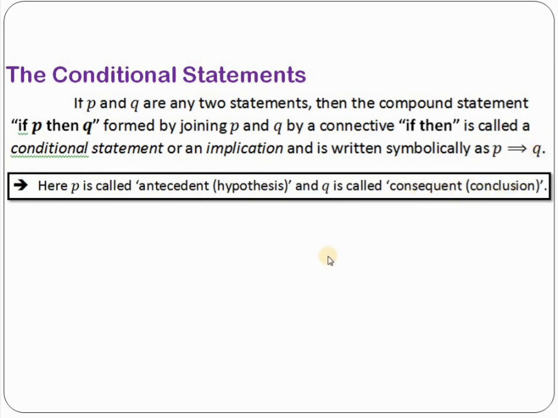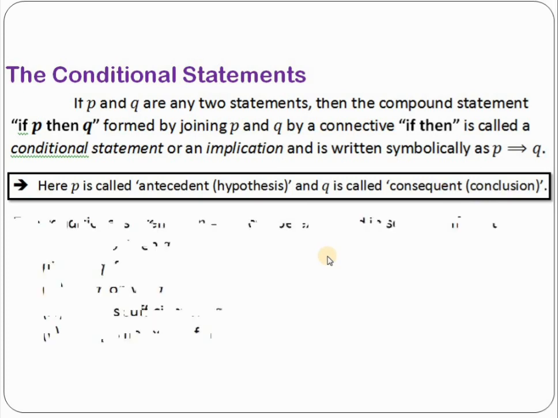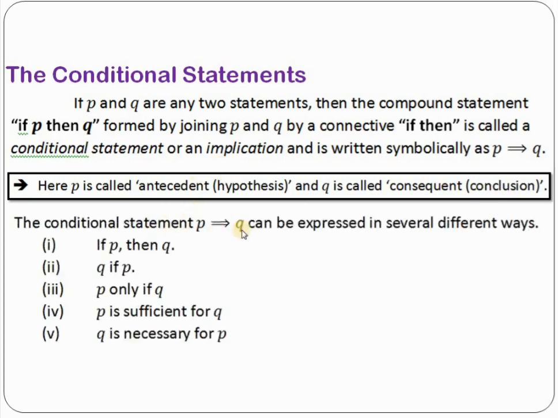Okay, so the next thing that you need to learn in this is the different styles of this. P implies Q, if P then Q, can be written in these 5 different ways.